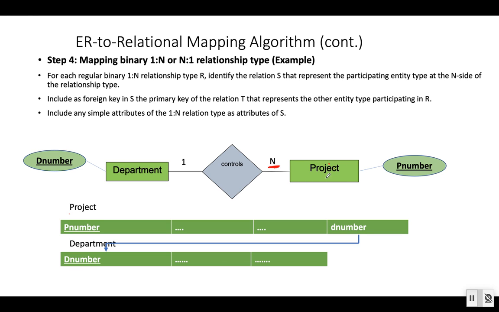We are going to add a foreign key in the project relation. In the project relation we are going to add a foreign key d number, which is going to reference the primary key in the department table. Department has the primary key d number, so we add a foreign key d number with the same attribute domain, which will reference the primary key of the department table.